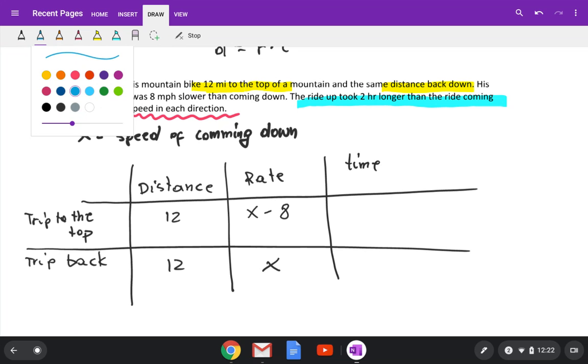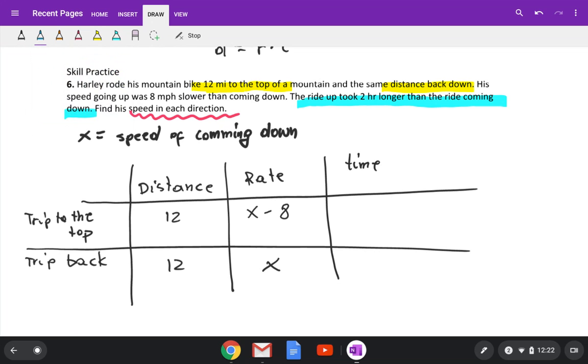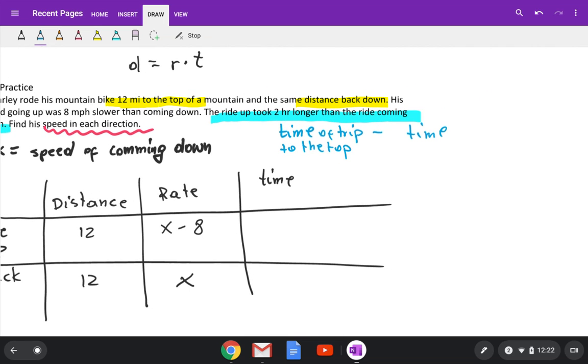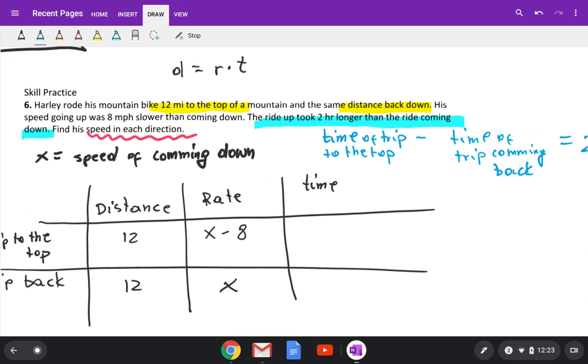Ride coming up, so here I'm talking about time of trip to the top minus time of trip coming back is equal to... Okay, so I'm using that information that the ride up took 2 hours longer than the ride coming down.